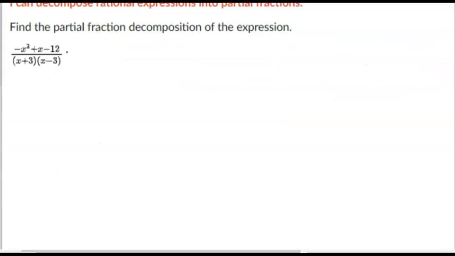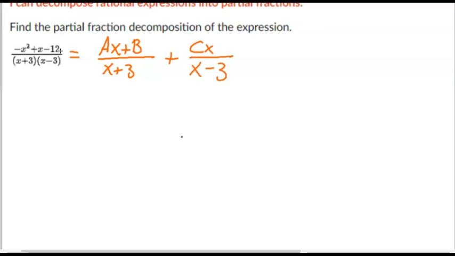We can rewrite this as ax plus b over x plus 3 plus cx over x minus 3. Now, we want to solve for a, b, and c. Let's get rid of the fractions first. So we'll multiply everything by x plus 3 and times x minus 3.